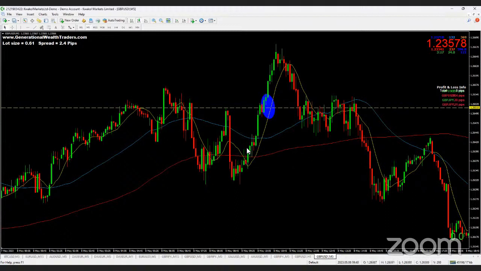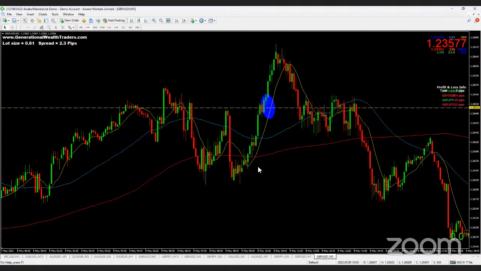Now, this perhaps could still be a tricky one for some, understandably, because you are thinking, okay, we have the 200, the 10, and the 50. They're not quite lined up the way we want them to be lined up.